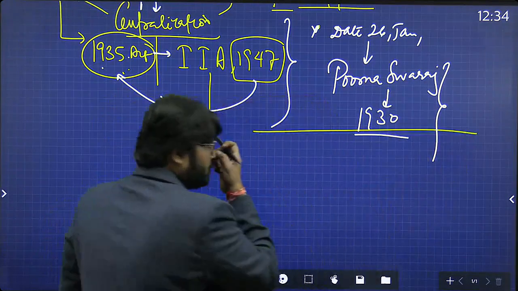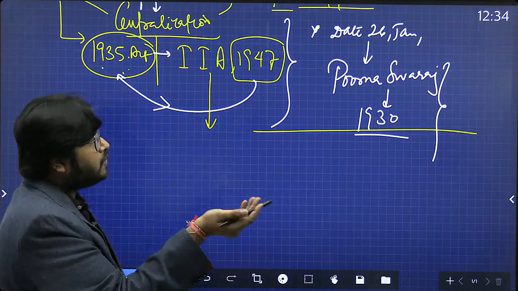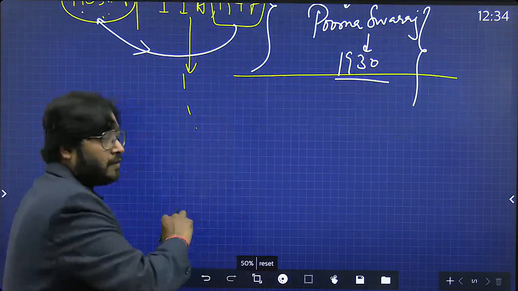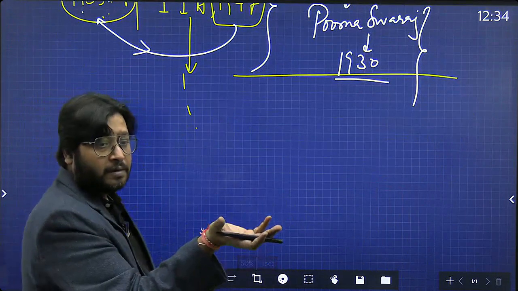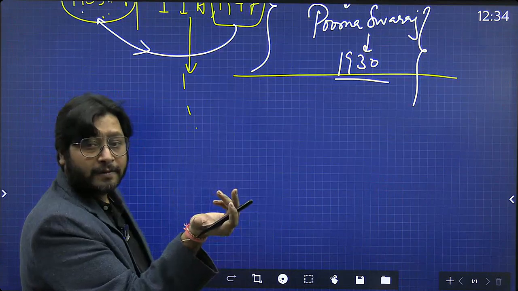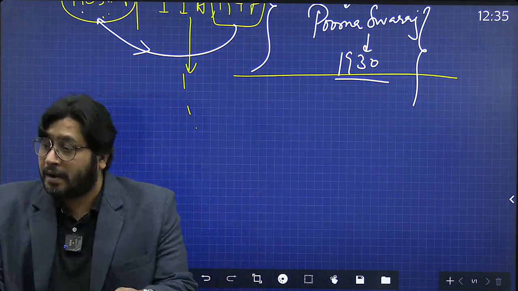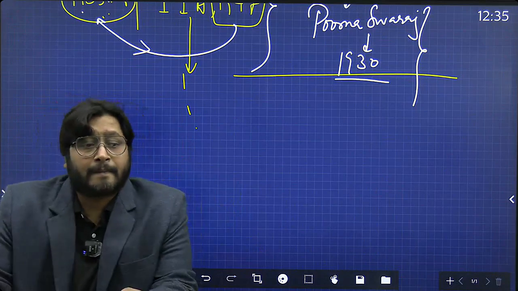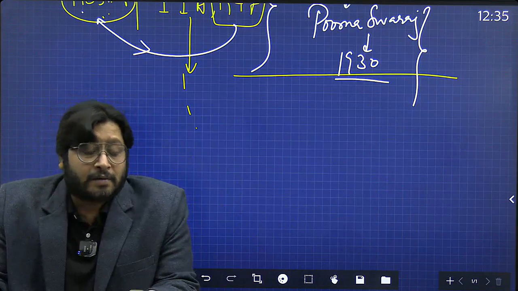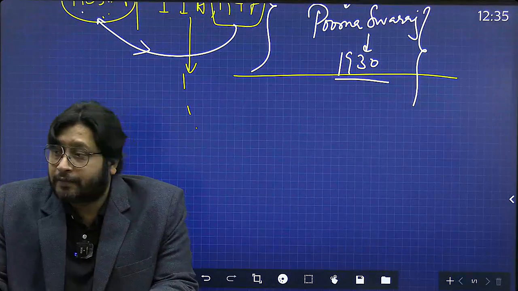So we had established the Constitution, enacted the Constitution. Obviously, when the Constitution was made, certain facts: how many articles did we have? Everybody is writing everywhere. 395 articles, 8 schedules originally, fine.